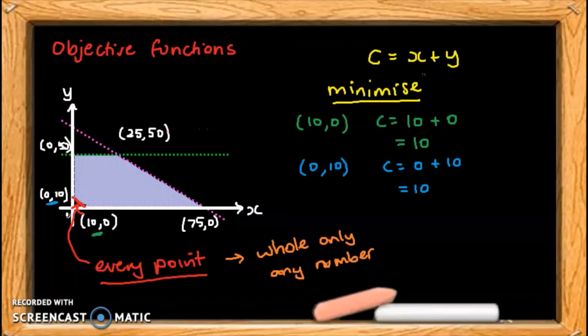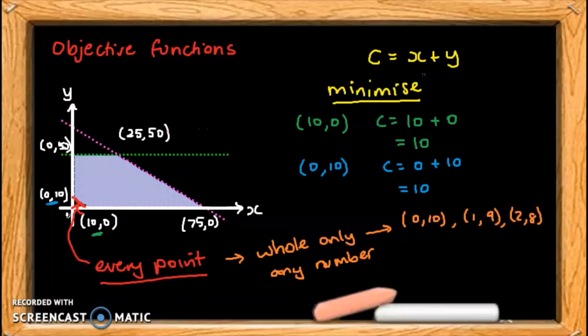An example where you might only be able to use whole numbers is if you have a number of items, a number of goals, a number of animals, something like that, where you really can't chop them in half. Then you can only use whole numbers. In an example like this, your objective function is minimized when your values are 0 and 10, then 1 and 9, 2 and 8, and so on along this line.